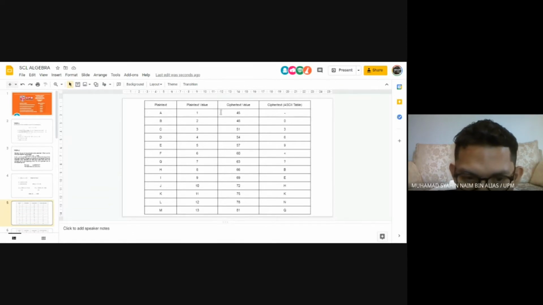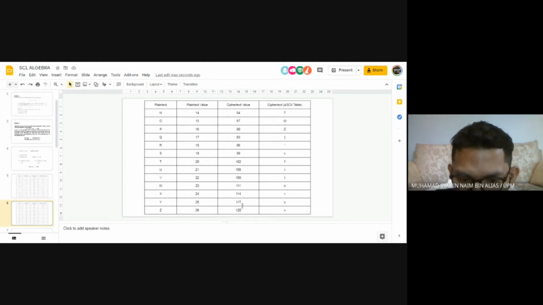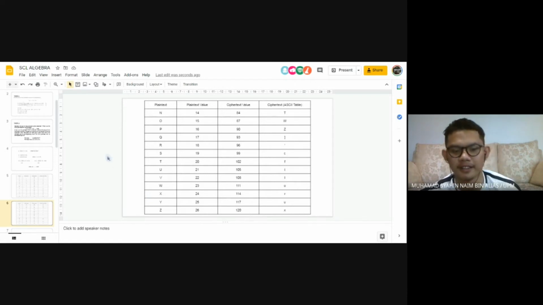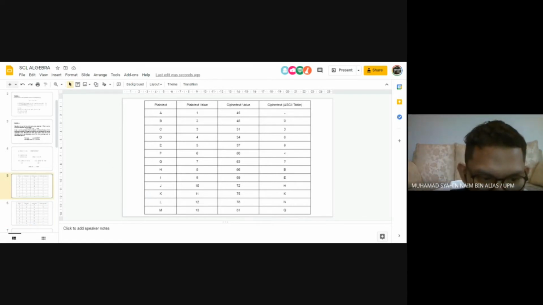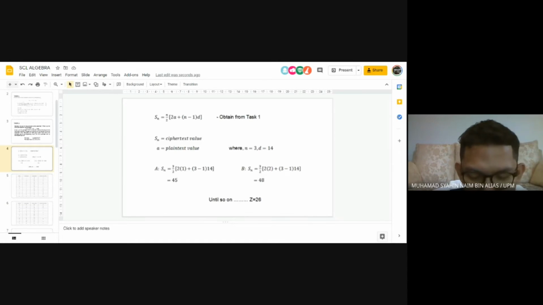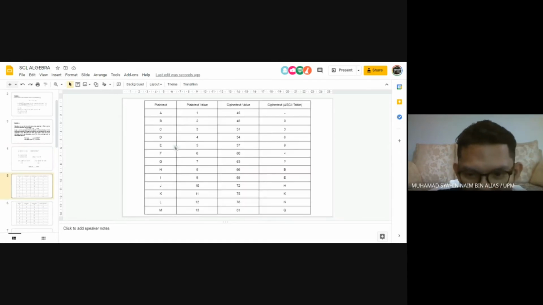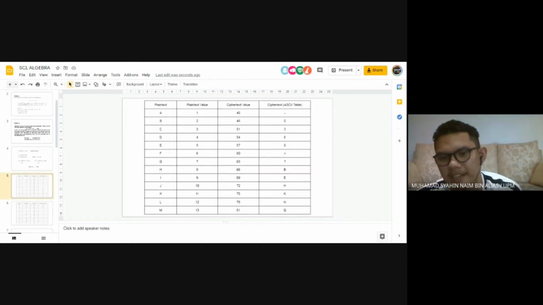The first one we did was 45, then the second one 48, and we add 3 to get 51, and so on until we get Z equal to 120. After that, we need to get the ciphertext from the ASCII table.